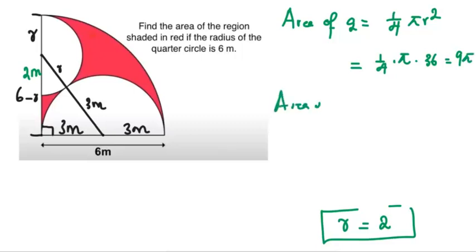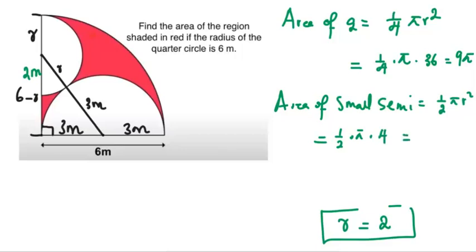Then the area of the small semicircle is going to be equal to 1/2 times pi R squared. So this is going to be equal to 1/2 multiplied by pi multiplied by radius squared. Here it will be 2 squared, which is 4. This simplifies to 2 pi square units.